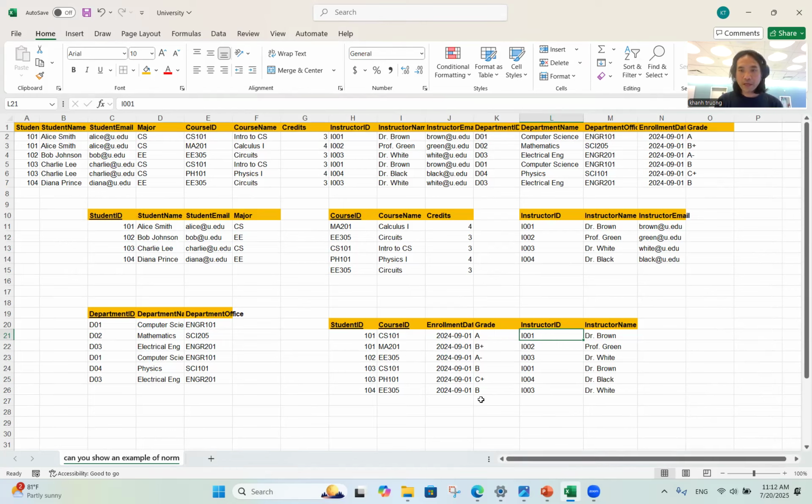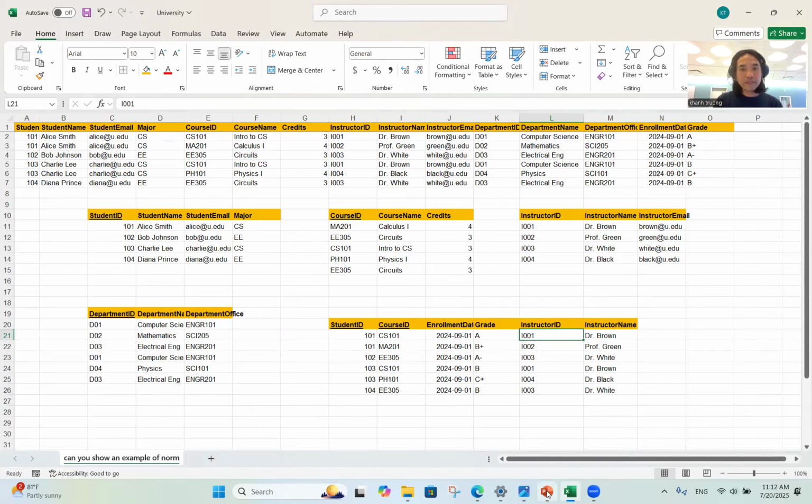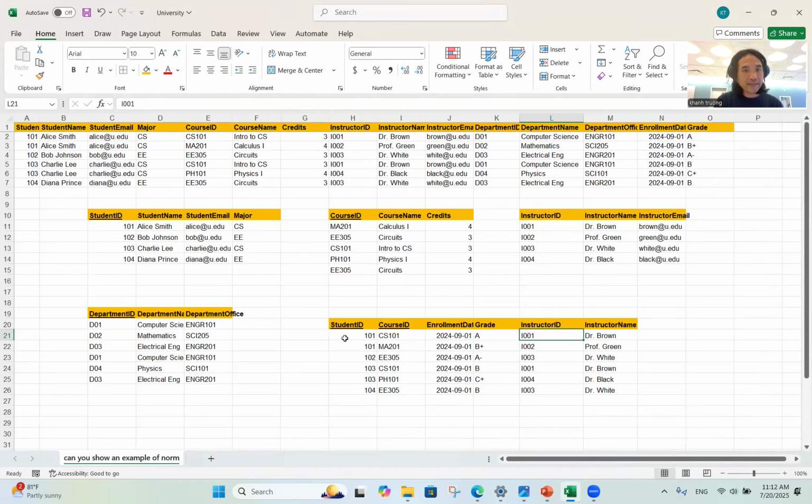Which means that this table right here violated the second normal form. No partial dependency. All non-key attributes must be fully functionally dependent on the entire primary key. Our entire primary key in this table is student ID and course ID, but the instructor ID is not associated with the student.